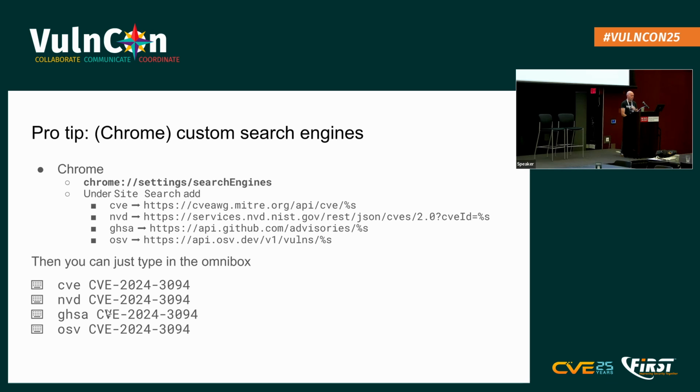So I've got my browser set up so that you can just type in the vulnerability ecosystem of interest and a space and then the CVE ID or whatever the vulnerability record ID is, and then it will pop out the JSON for you.